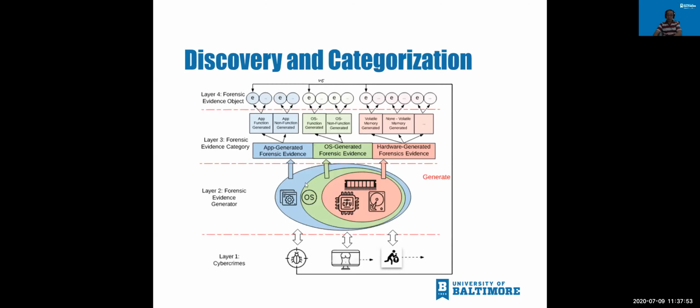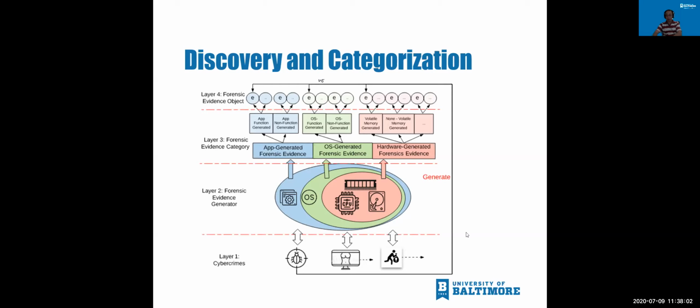For evidence formalization, we focus on how to discover that evidence and organize it so it can be formalized in a nice way. And we also need to discuss the information expression. So this is the overall architecture we use to discover and organize the forensic evidence.